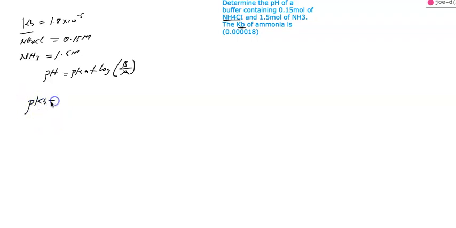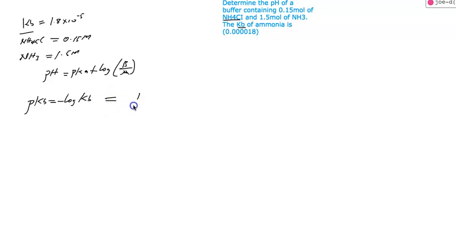pKb equals negative log of Kb. If you remember our previous lesson, we knew that pKb equals negative log of Kb, just as pKa equals negative log of Ka. So we have our Kb, we can work out the pKb. Let's go ahead and put the figures in.